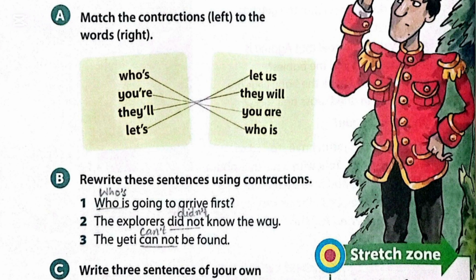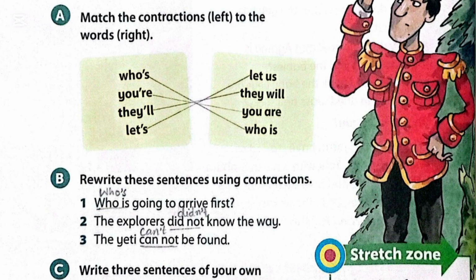Exercise B. Rewrite these sentences using contractions. So these are the sentences where we have to contract the words and make them shorter. First sentence is "Who is going to arrive first?" So we make a contraction of the words "who" and "is." We put an apostrophe there and drop the letter I and make a shorter form: "Who's going to arrive first?"